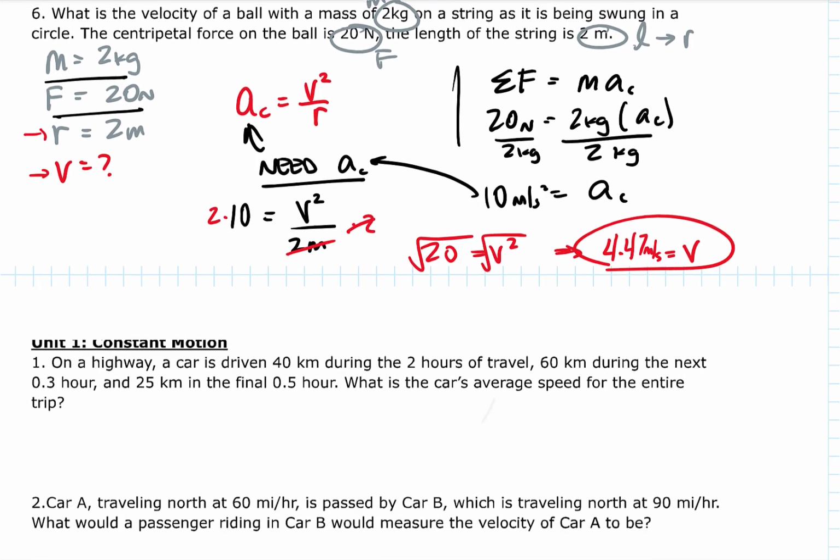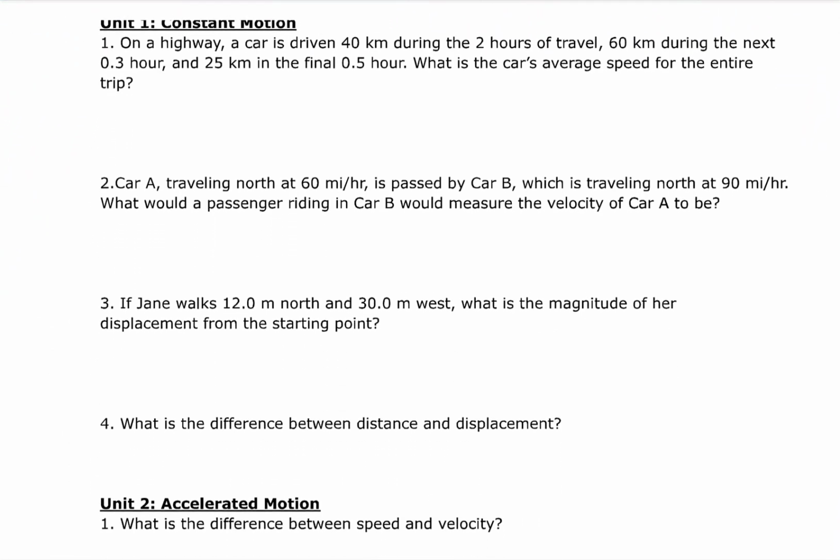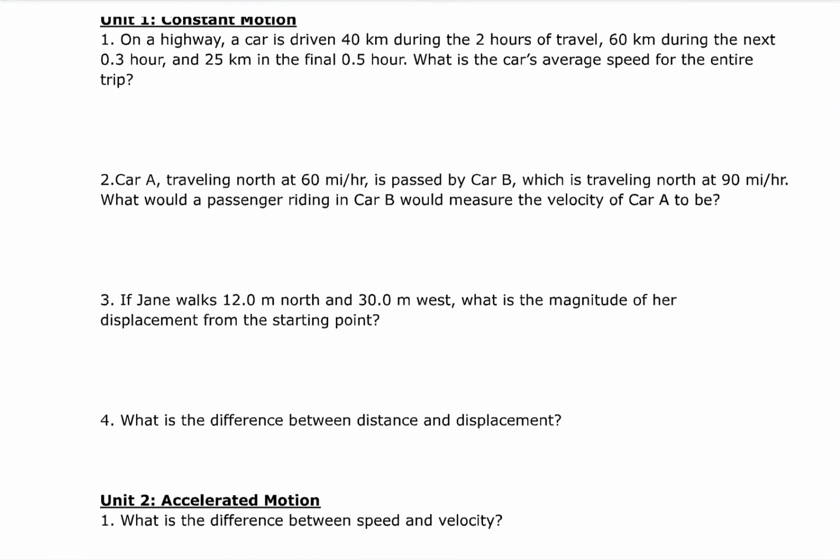All right, moving on. The constant motion on a highway. A car is driven 40 kilometers during 2 hours of travel, 60 kilometers during the next 25 kilometers. What's the average speed for the entire trip? So average speed is going to be the distance traveled over the time. So to get the distance traveled, we're going to take 40 kilometers and add 60 kilometers and add 25 kilometers, right? So we're going to add all of our distances together.